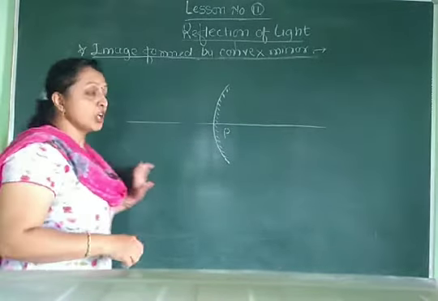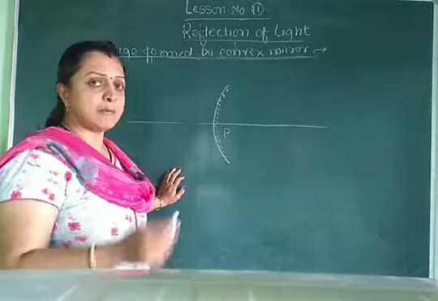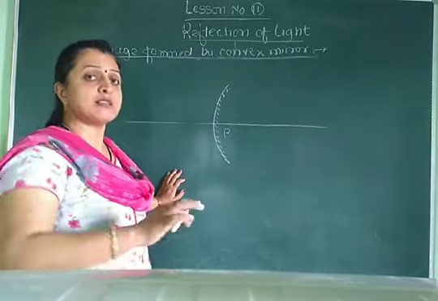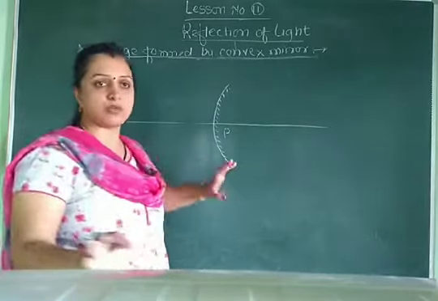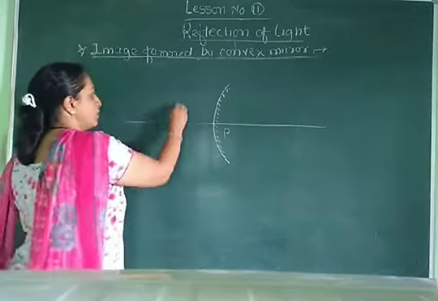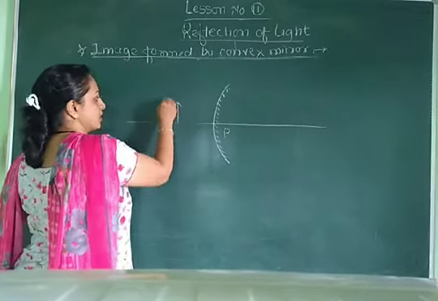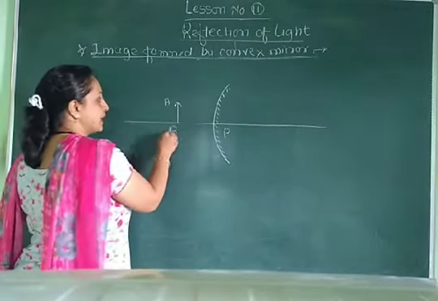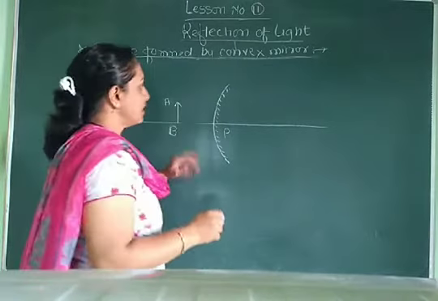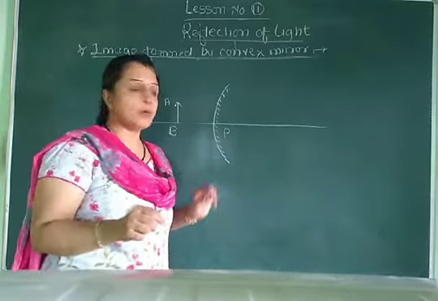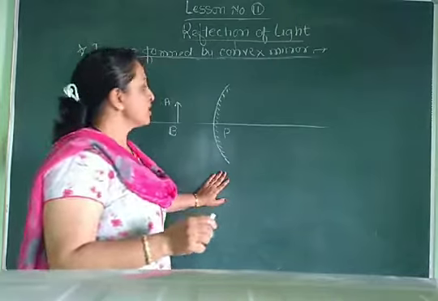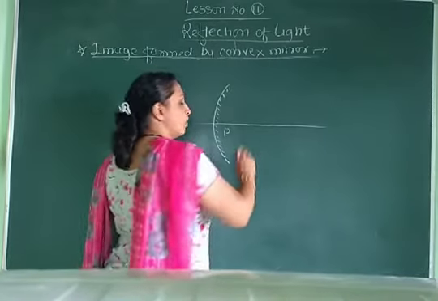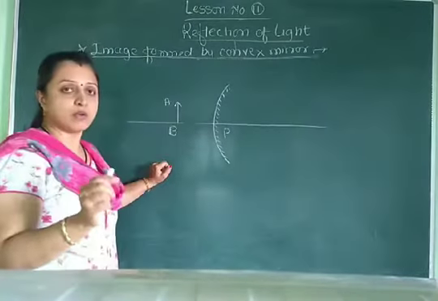Then we have to place the object at any position in front of the mirror. There is no condition actually in the case of a convex mirror. Consider this is object AB in front of the mirror. Then we have to consider two more points for this convex mirror: the focus and the center of curvature.